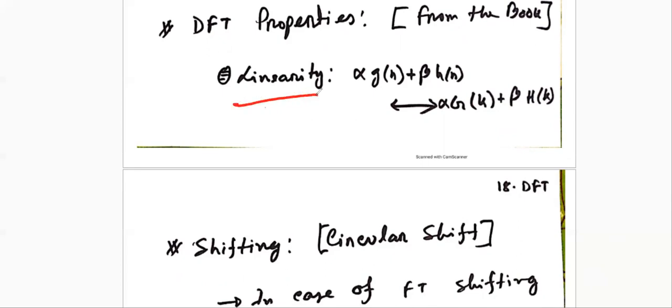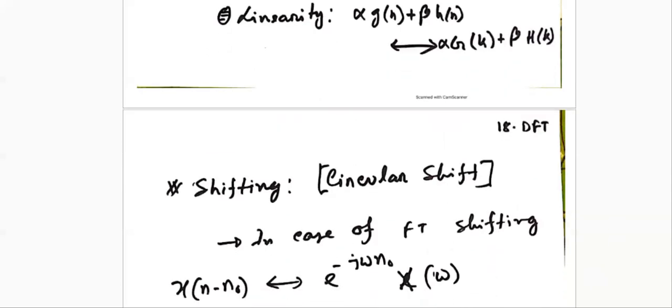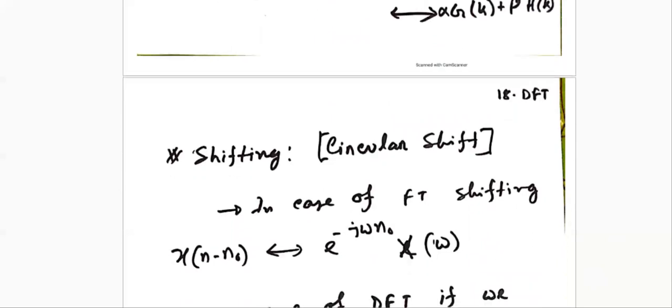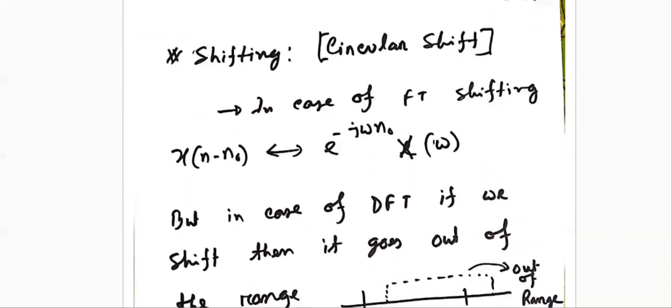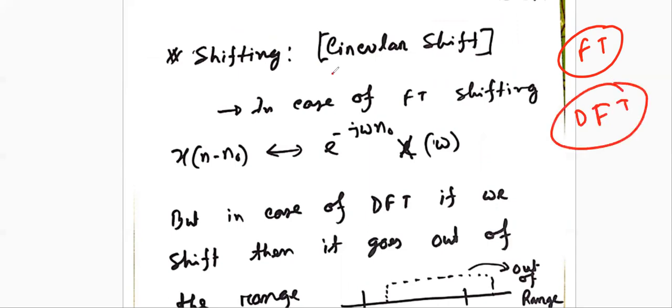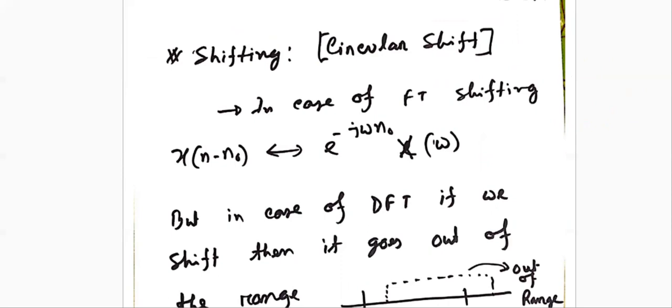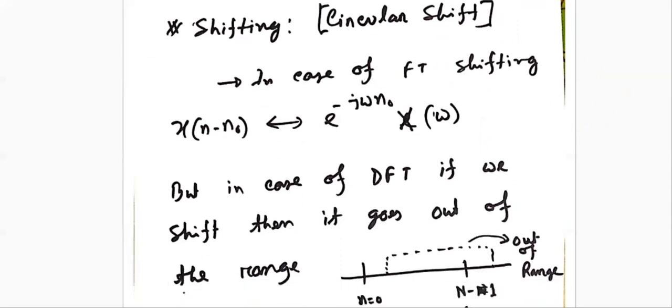So the linearity must be here. It's not necessary to discuss it here. The shifting property, in the case of the Fourier transform, definitely we have shifting. However, in the case of the discrete Fourier transform, this is known as circular shifting. So I'll discuss this circular shifting in more detail with the diagram.